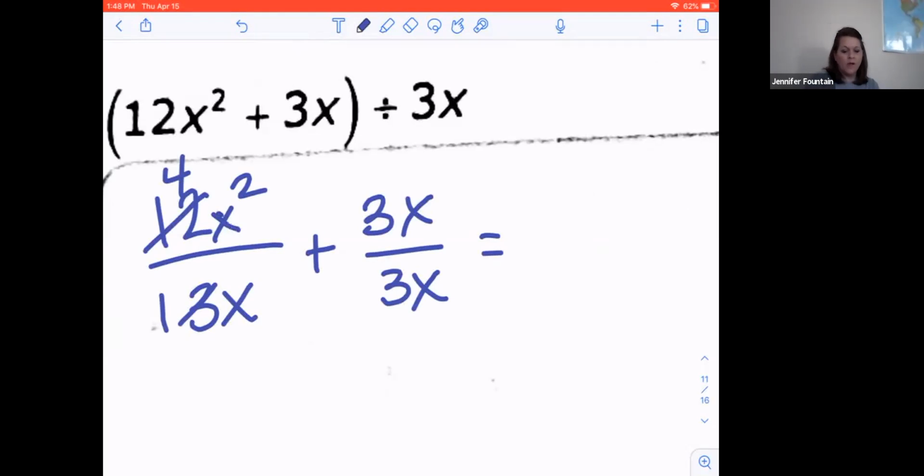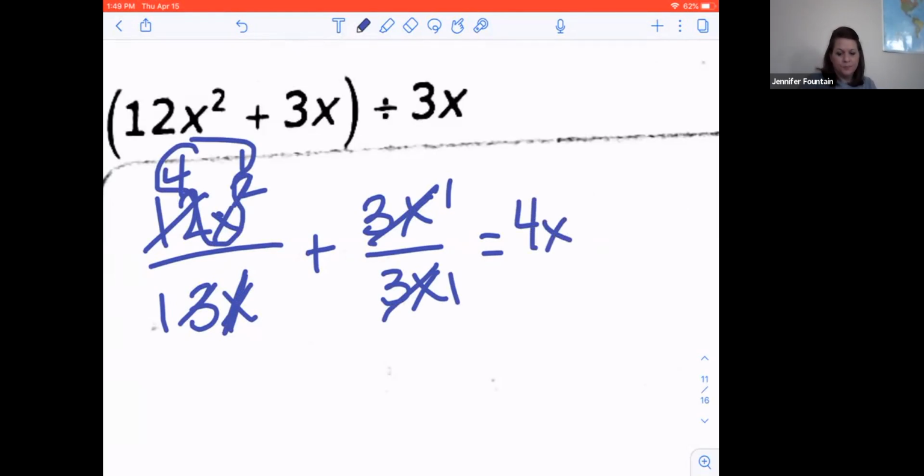Now I've got x squared in the numerator, x in the denominator. My x cancels, and this becomes x to the first. 3x cancels with 3x, and that becomes 1 over 1. So I have 4x to the first power.